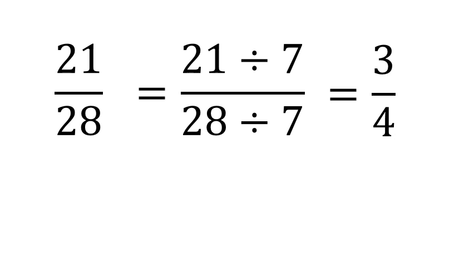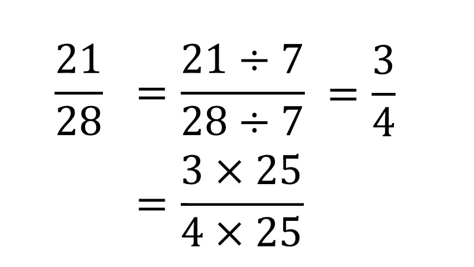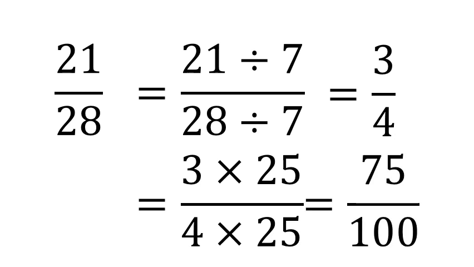Is 3 over 4 a decimal fraction? Can we change it to a fraction having a denominator of 100? Yes, if we multiply up and down by 25. So I will obtain 75 over 100, which is a decimal fraction. So we say from the beginning the fraction 21 over 28 is a decimal fraction.